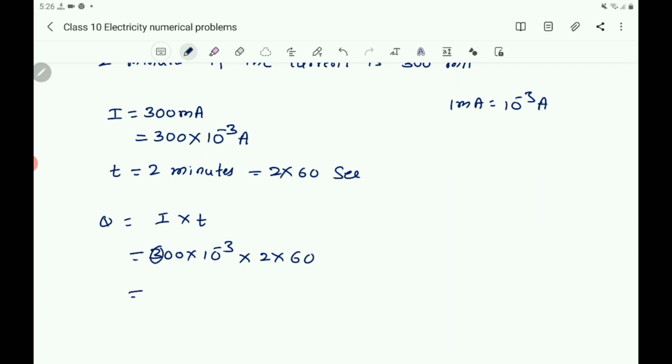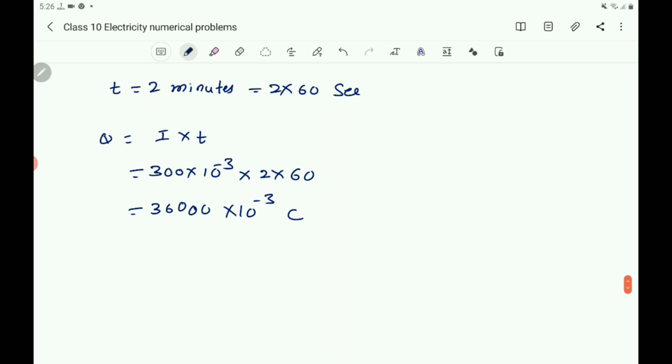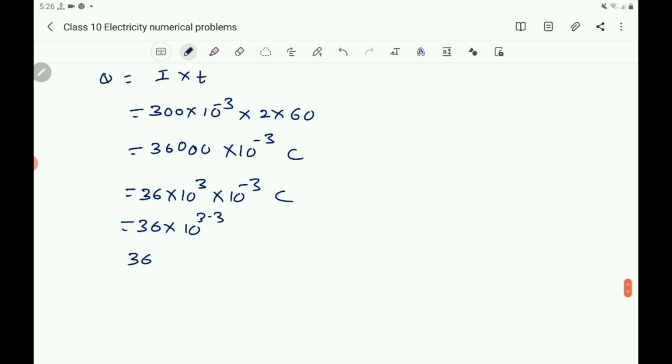Then you require 3 into 2 into 6. 3 2s are 6. 6 6s are 36. 3 zeros, 36 into 10 power 3 into 10 power minus 3 C. So it becomes 36 into 10 power 3 minus 3. So you will get 36 into 10 power 0 C, that equals 36 C.